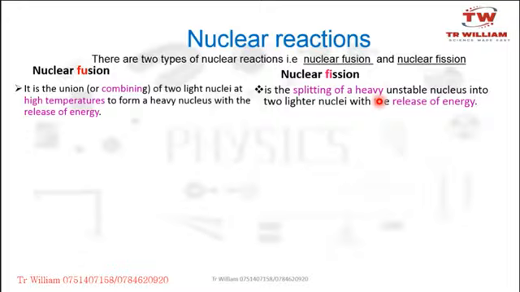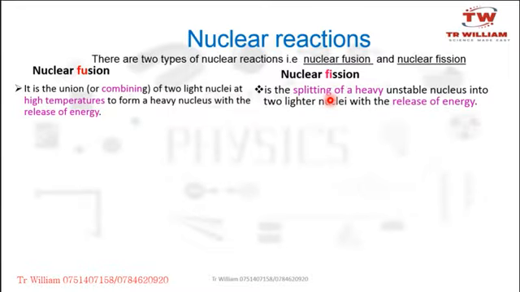So if it becomes very, very unstable, it will end up breaking up. That breakup is what we call Fi, fission. So that is the splitting of a heavy unstable nucleus, and when it splits, what happens? It will break to form two lighter nuclei with the release of energy.